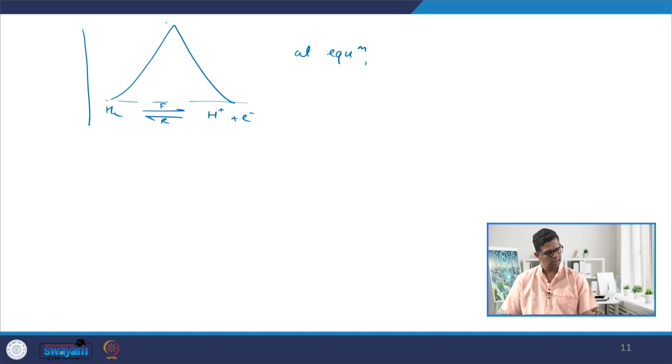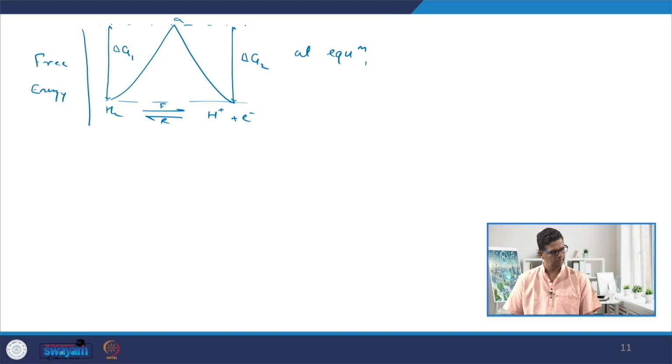And this is our activated state. This is the delta G1, and this one is our delta G2. This is again our free energy. Both are the same at the equilibrium.